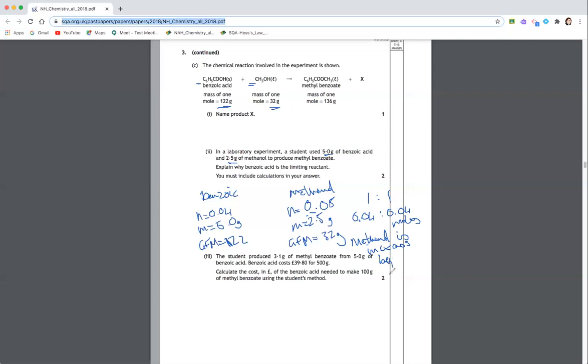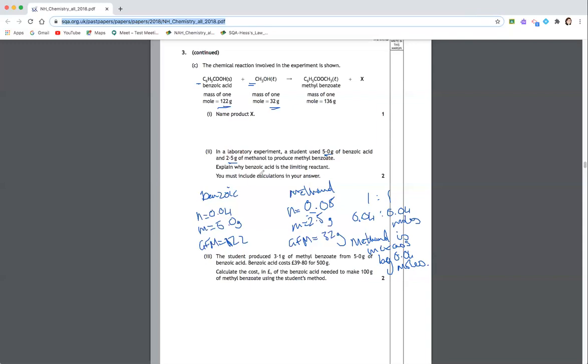So the methanol is in excess by 0.04 moles, and the benzoic acid is limiting.